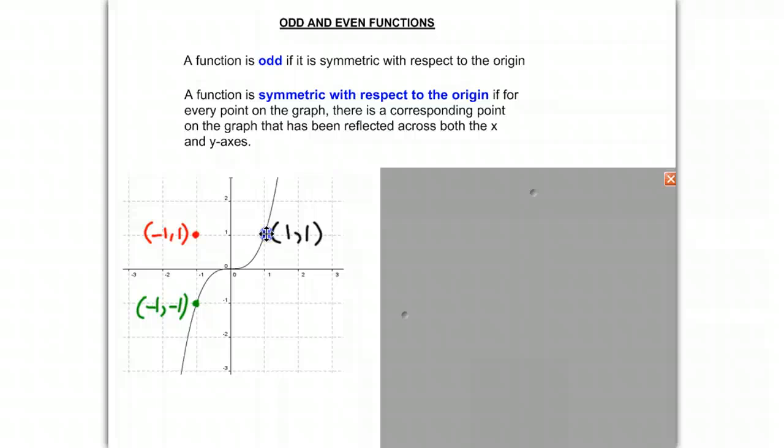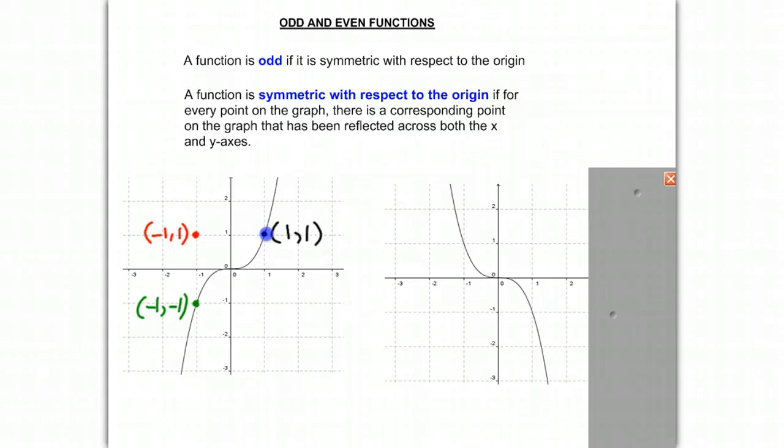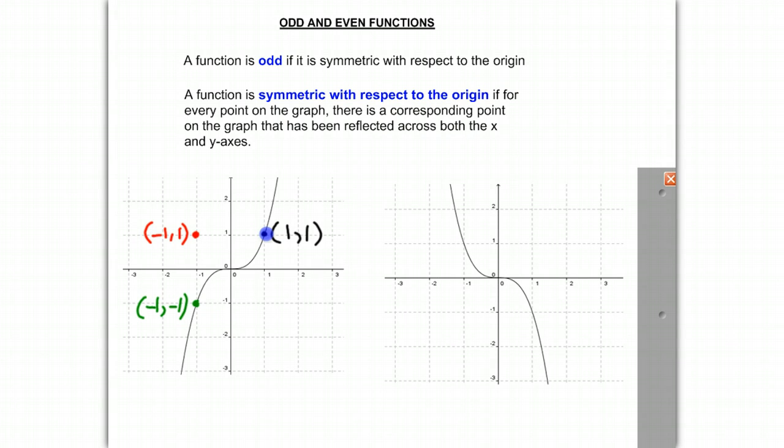If you notice any point on the right side, if we were to reflect it across the y-axis and then the x-axis, it would fall on the graph. Let's look at another example. This is another cubic function. And let's look at 2 more points. Let's look at this point, -1, 1.